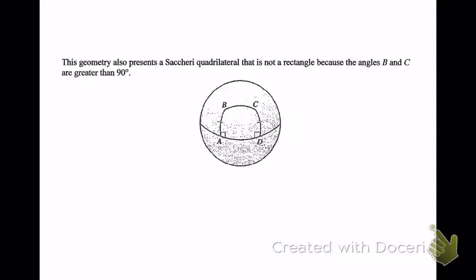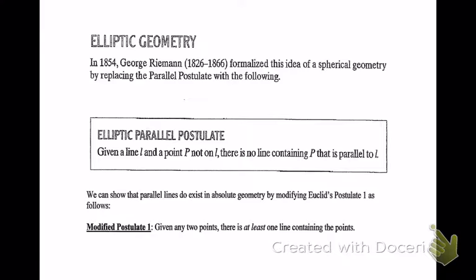There's no way that those angles would be 90. Okay, so they're going to be greater than 90 degrees. Elliptic geometry.